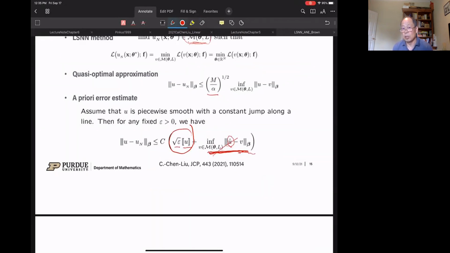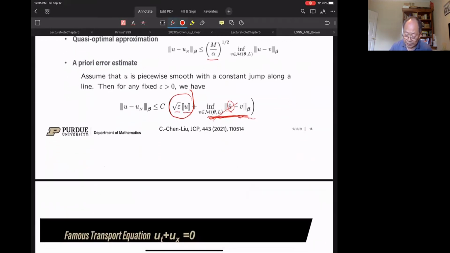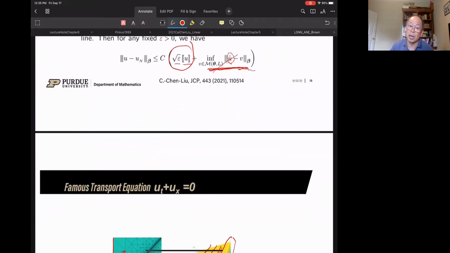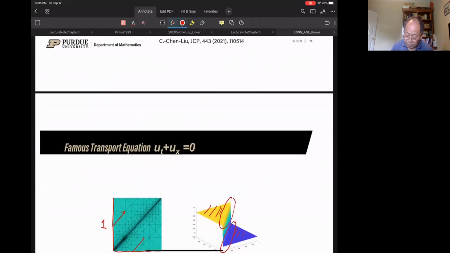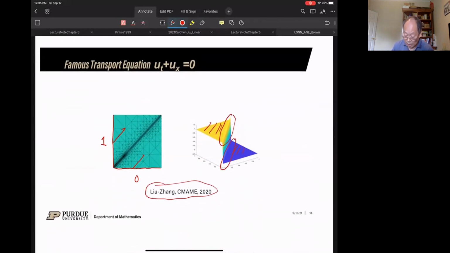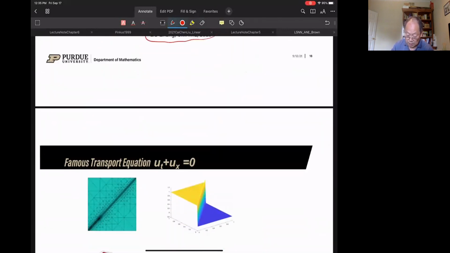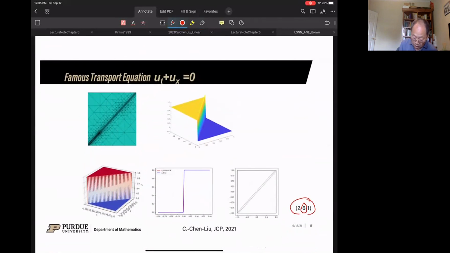Okay, I just want to say that this is very different from supervised learning, because to compute this solution, remember that all the information is transported from this inflow boundary, 0 and 1. So they propagate along that.